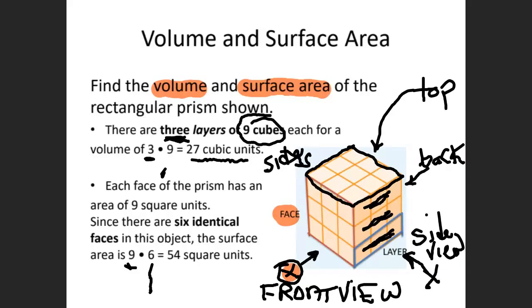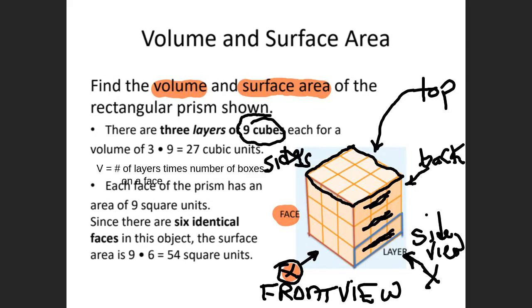Now, this is what we're looking at. And I'm going to see if I could spell it out for you a little better. Volume, which I'm going to use as the letter V, equals number of layers times number of boxes on a face.